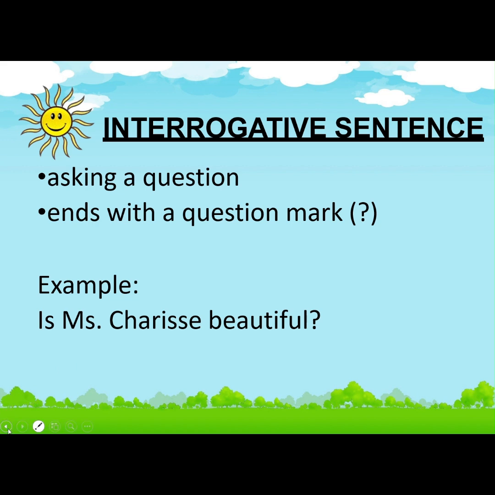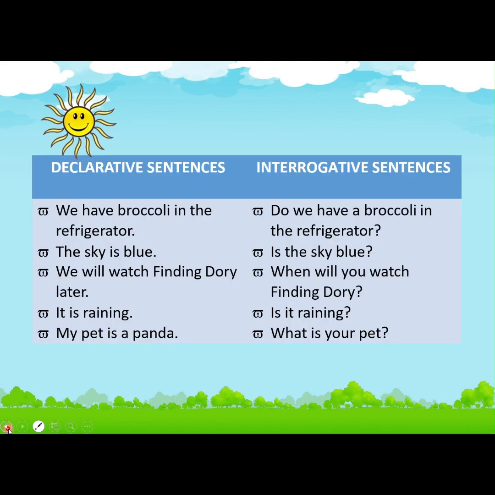Now, as I had told you, we will go to the first slide that we were talking about with these few more examples to discuss. Like, we have broccoli in the refrigerator, stating a fact or giving an information. So it's a declarative sentence. The sky is blue. Again, a factual statement.